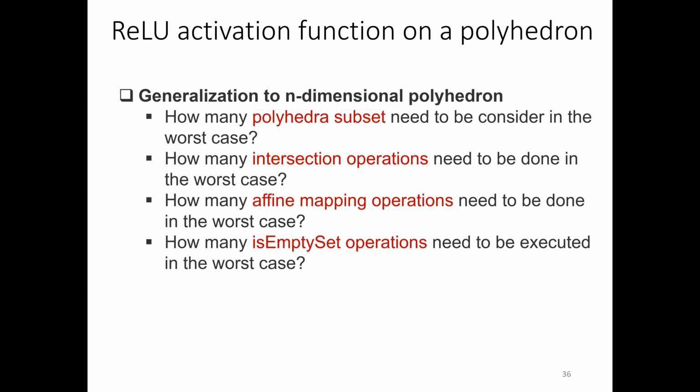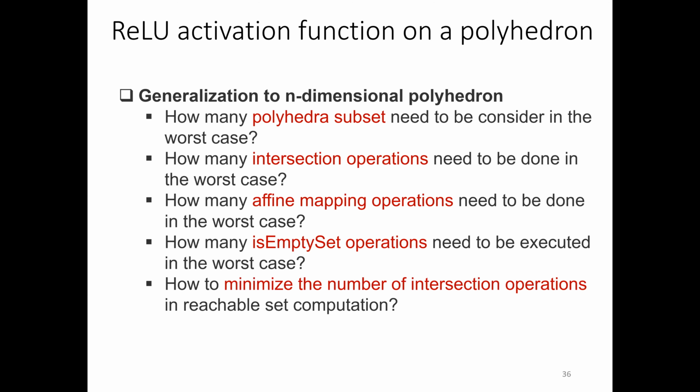So to check whether the intersection is empty or not before you apply the ReLU mapping to get the output set, you need to check if the set is empty. So the number of these empty set checks also explodes exponentially, right?